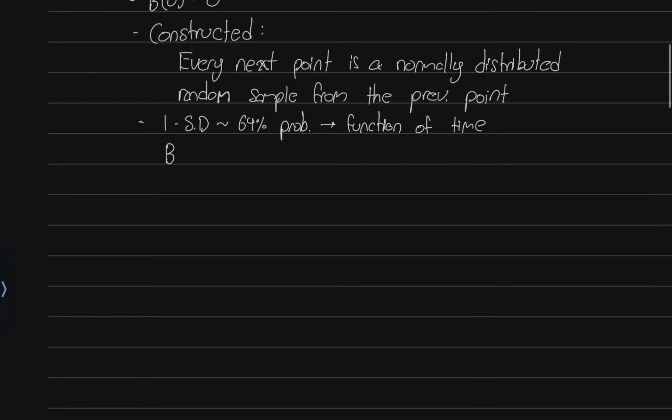So to write that mathematically, I could say B of t follows a normal distribution with mean 0 and variance t, which I can then rewrite as a standard deviation of square root t times my normal distribution function of 0 and variance 1.